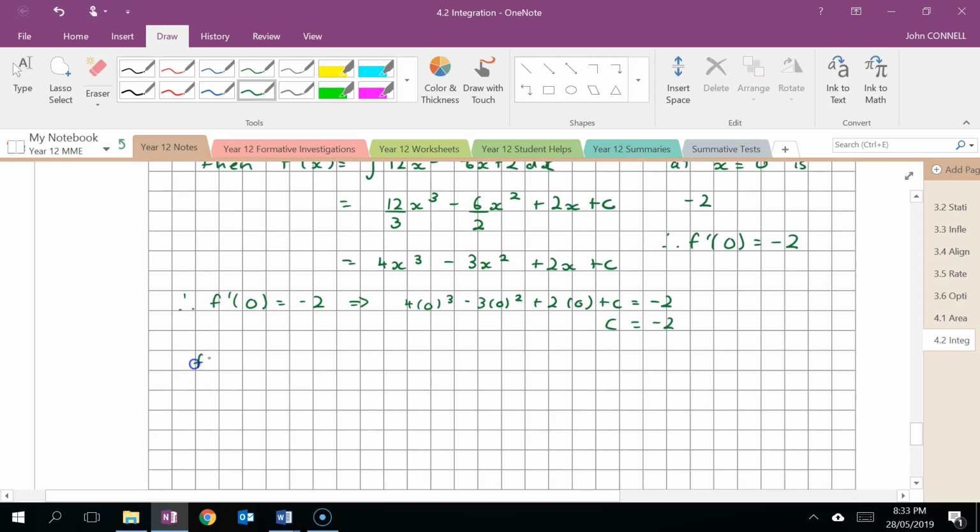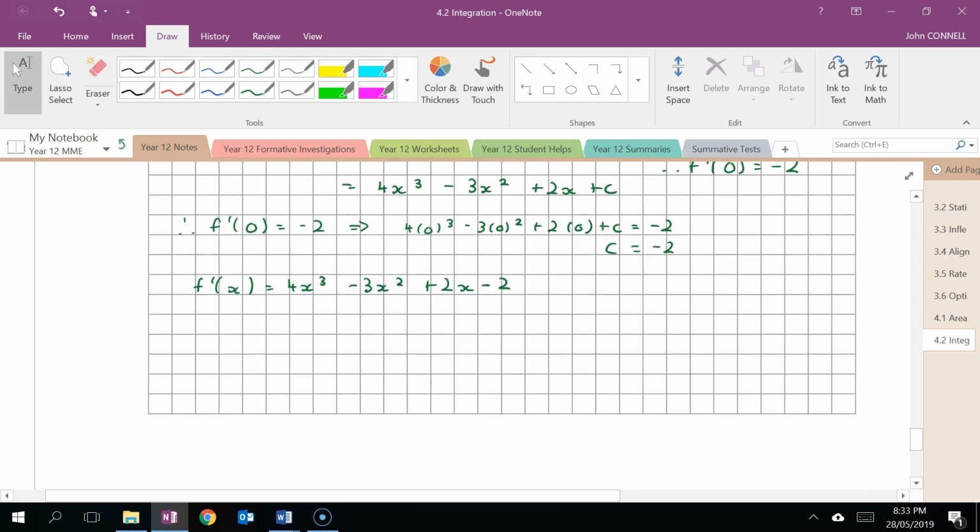So the derivative is 4x cubed, take 3x squared, plus 2x, take 2. Okay, but now we've got to find the original function, so f of x is equal to the integral of the derivative, so the integral of 4x cubed, take 3x squared, plus 2x, take 2.